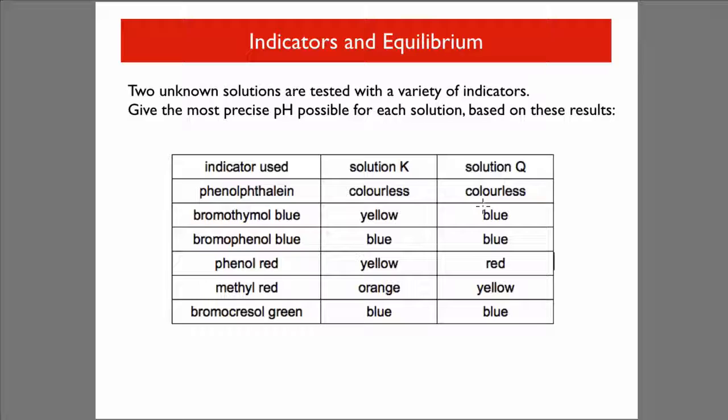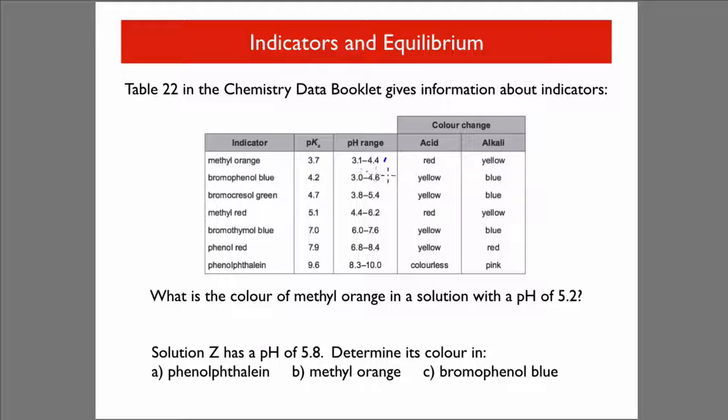Two unknown solutions are tested with a variety of indicators. Give the most precise pH possible for each solution based on these results. Solution K. If you look back at the table and look at all of these different colours, you can see colourless, yellow, blue, yellow are all present.